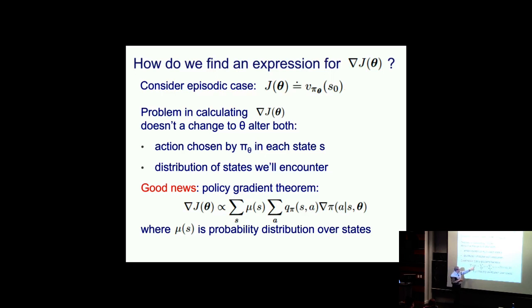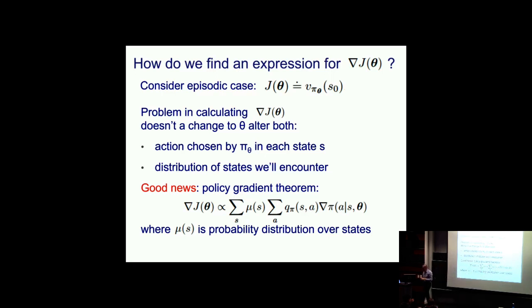And this is saying if this is positive, then increasing that theta will make more probable the action A. And you could see that would be the case if, for example, A was the highest Q value coming out of state S. So this kind of makes sense.